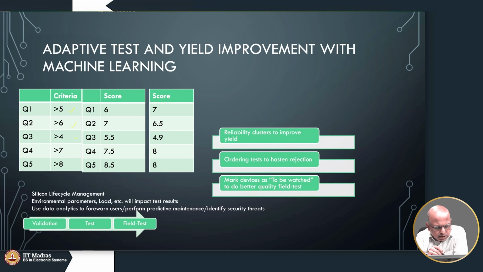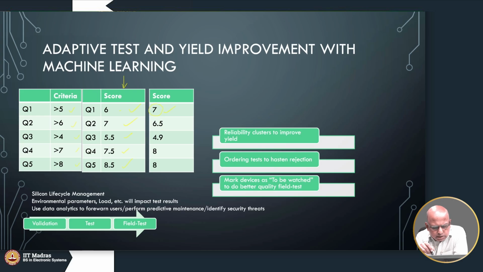Here it is 6, here it is 4, here it is 7, here it is 8. When you actually write down the scores, one particular person may get 6 and pass this, 7 and pass this, 5.5 and pass this, 7.5 and pass this, 8.5 and pass this. The other person is getting 7 here, so he has done much better than the other guy.